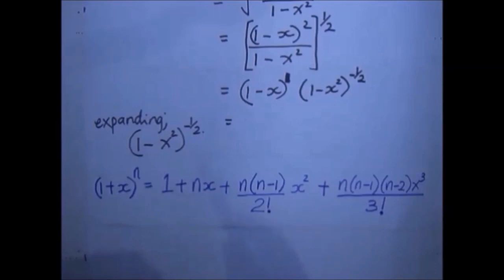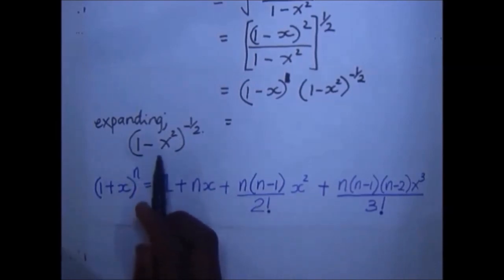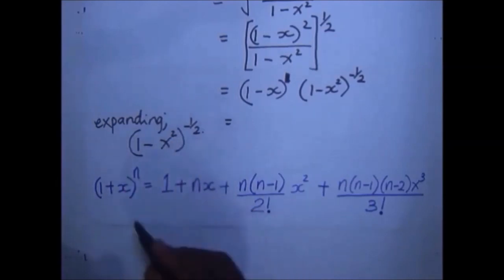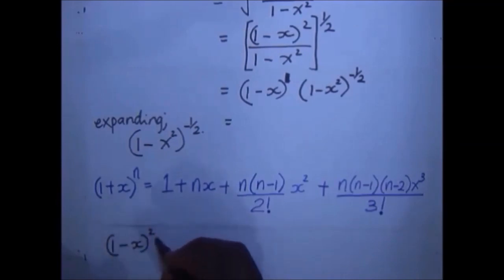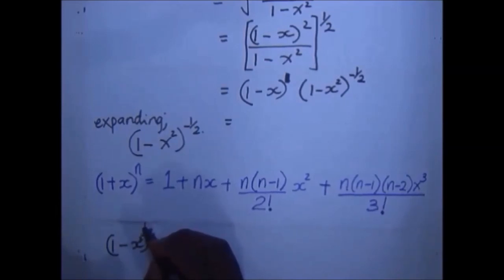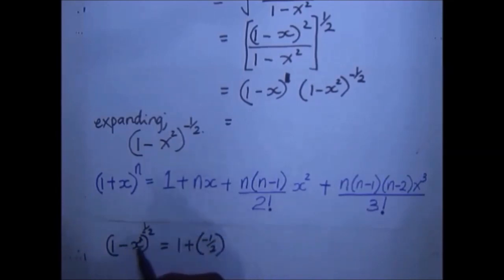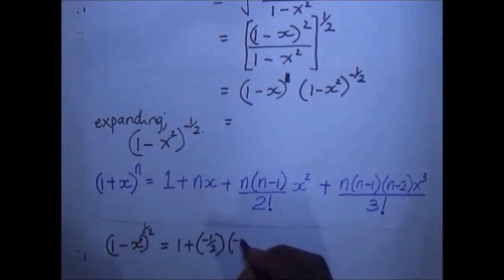Substituting in here, our value of x is actually x squared. So 1 minus x squared to the power negative a half is going to become 1 plus our value of n, which is negative a half, times our value of x, which is negative x squared, plus n.